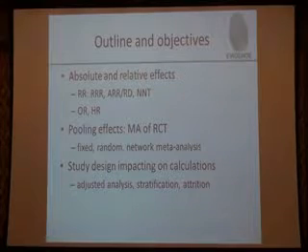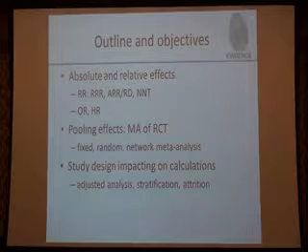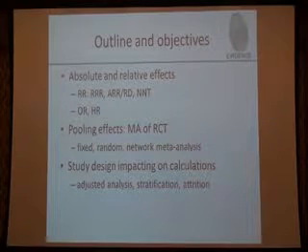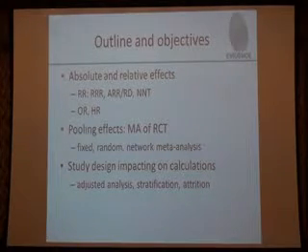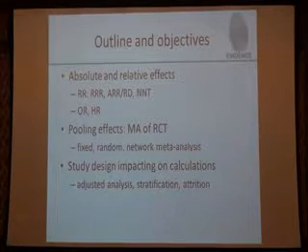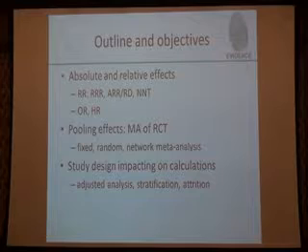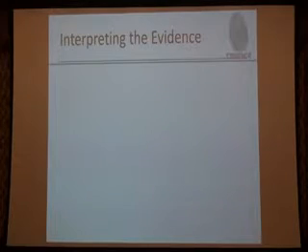And finally, aspects of study design, their impact on calculation and interpretation, adjusting the analysis, stratification, and how to judge attrition bias. Again, you should now know a bit more after the tutorials. We'll try to go back together and fix some concepts.